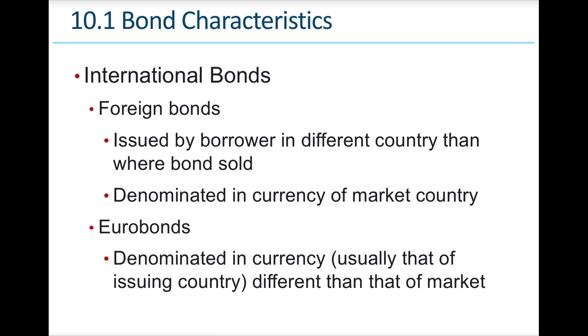Now, Eurobonds, in contrast, are bonds that could be issued by a country or banking institution where the currency is not the same as the currency of that country. So you could have banks in Germany issuing Eurobonds in dollar denominations. So it's just another type of bond. I think we've talked about that before.